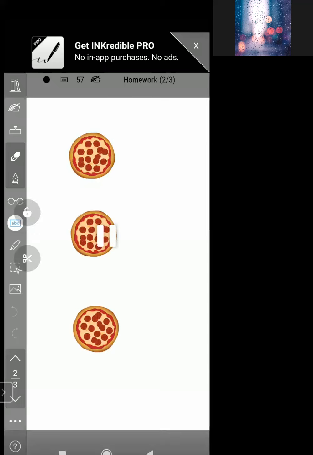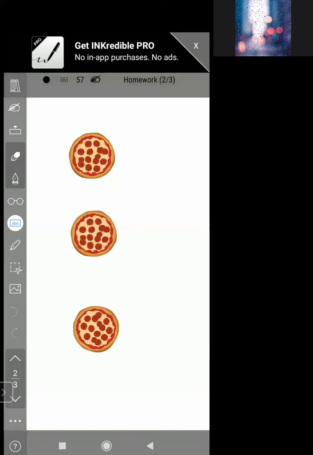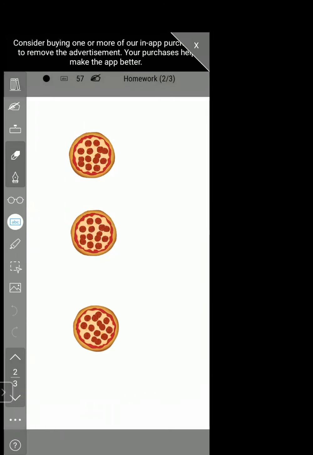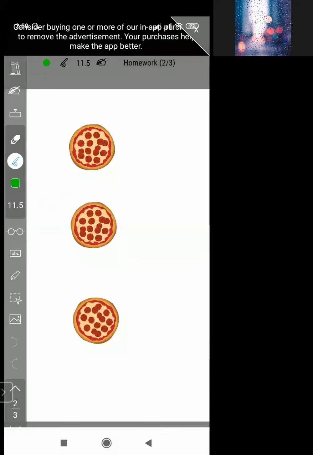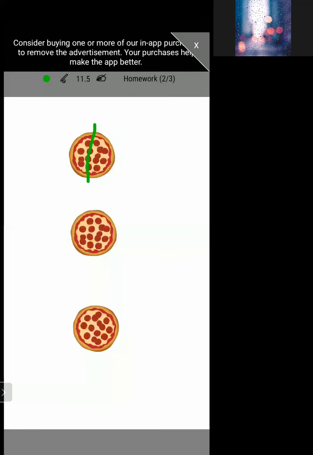Now let's suppose that we have these three pizzas. I'm going to show you the example of these. If I have one whole pizza here and I want to eat just half of that pizza, you all know that we have the whole, and we cut it into equal parts to get the half of it.